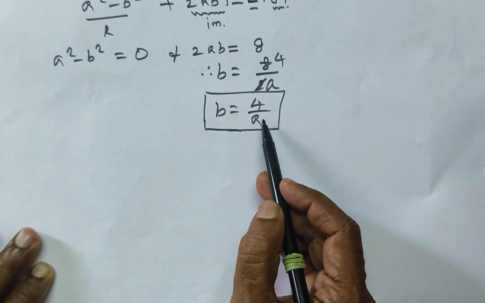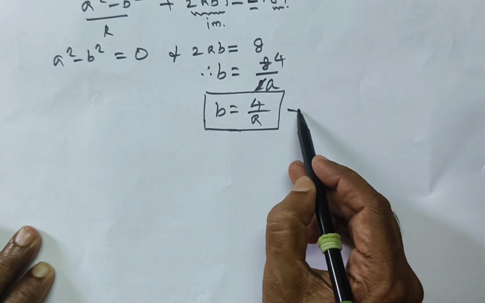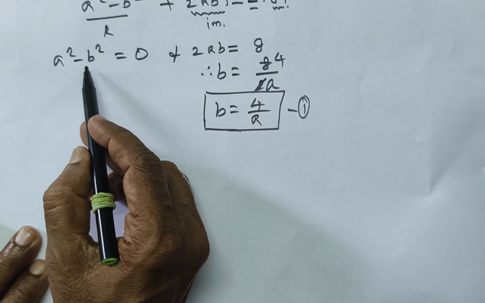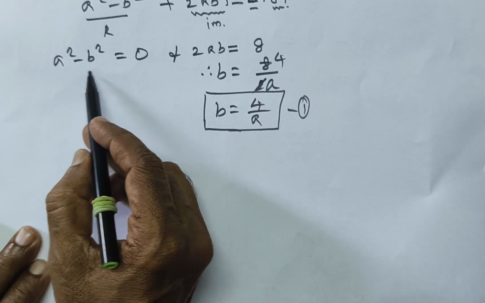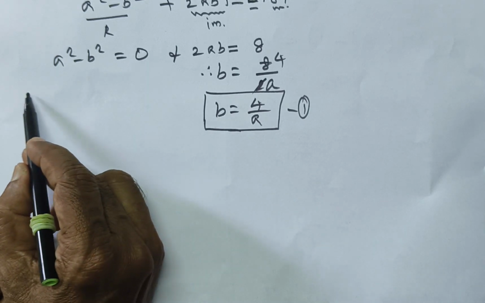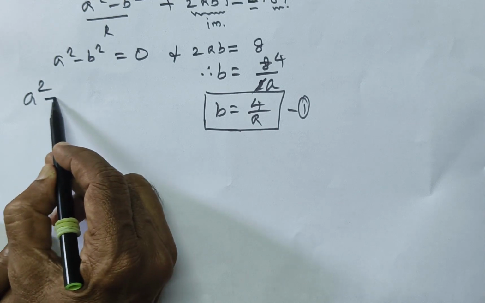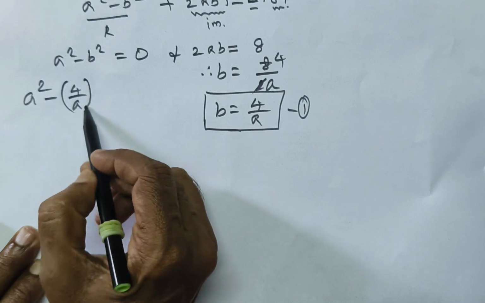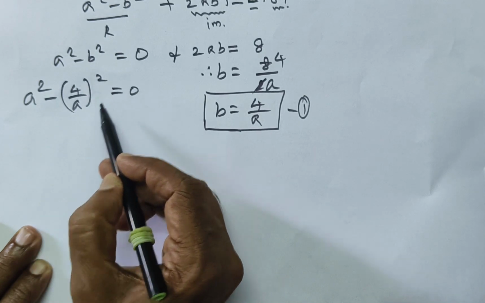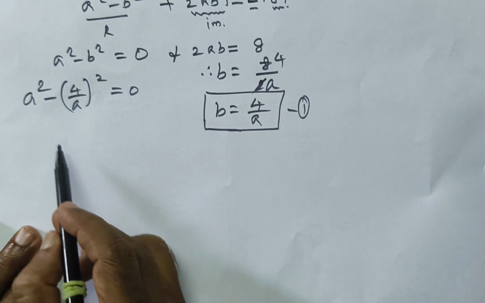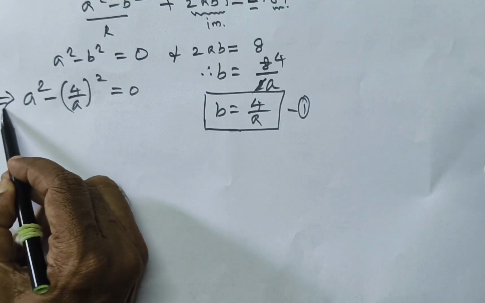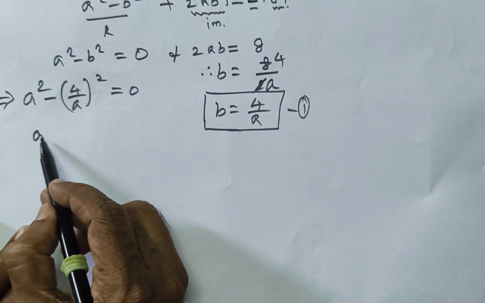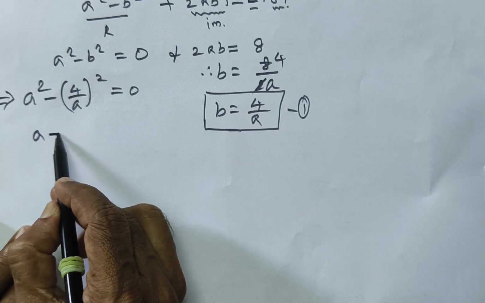Now substitute b is equal to 4 by a in a squared minus b squared is equal to 0. That is, a squared minus (4 by a) whole square is equal to 0. The a squared minus b squared formula is (a plus b) times (a minus b).